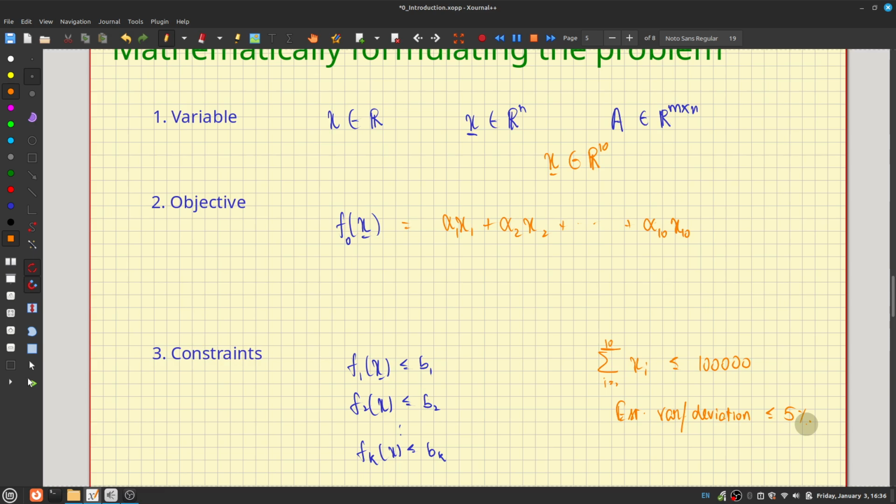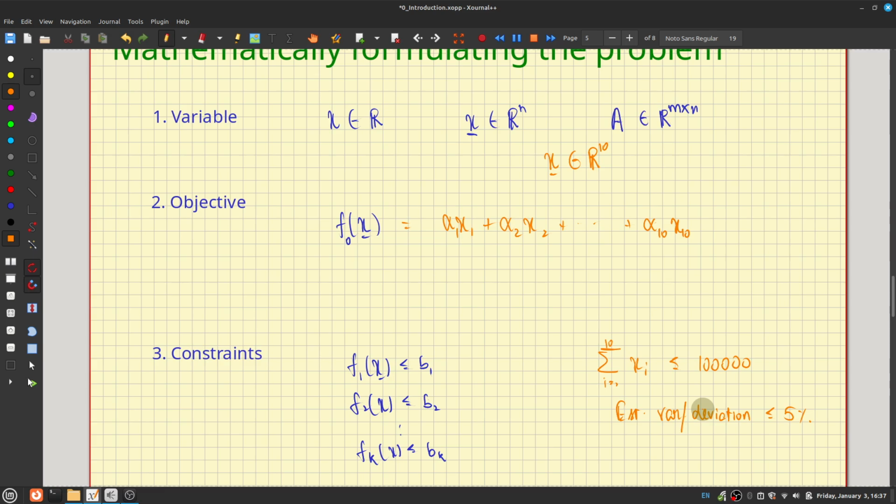I could have said that for the same problem, my objective is still to get the most returns with the least amount of risk, right? I could say that my objective function is to minimize risk with the constraint that my expected returns are at least 10%. All right.